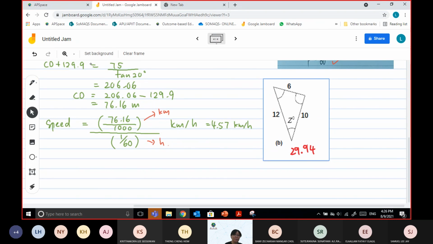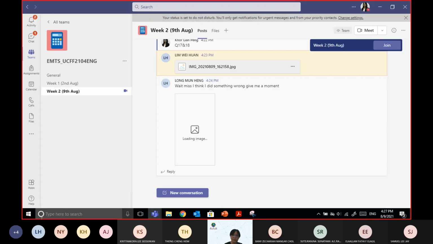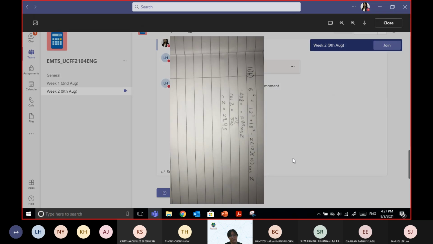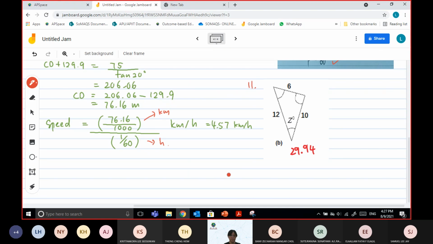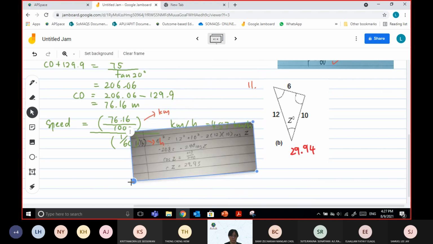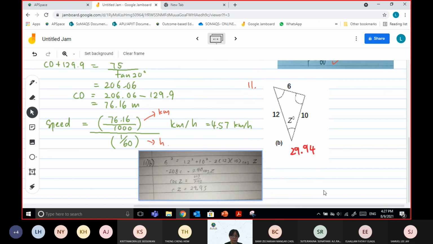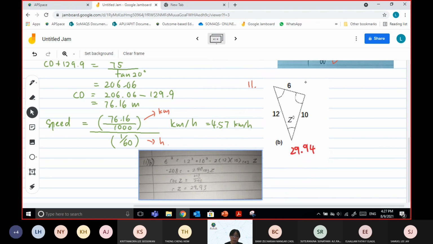Okay, so for question 11, you have to find the angle Z first before you can use the formula to find the area.